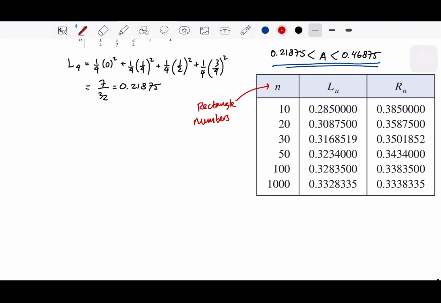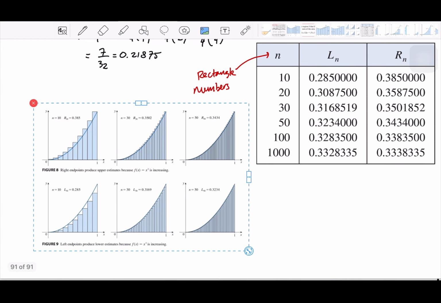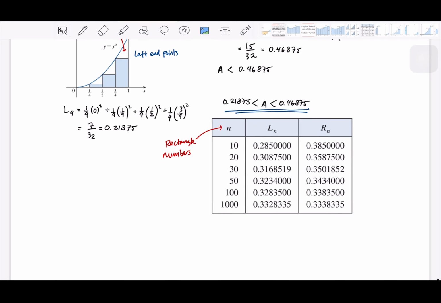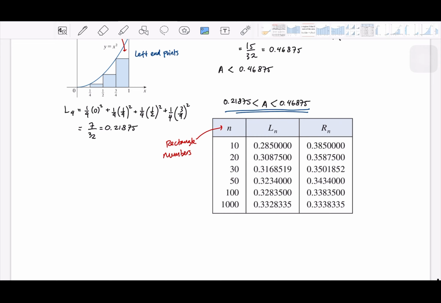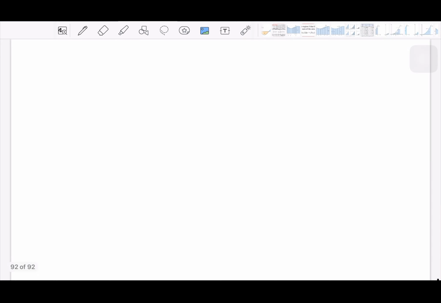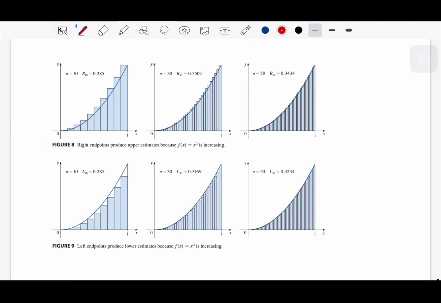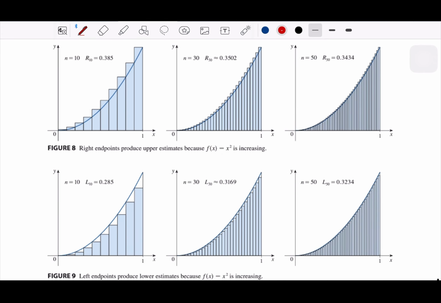Maybe giving more illustration on how this looks. If we have this, probably it's too small, so let me just take it to the next page. The figure is for the upper estimate or overestimate, and this is for the lower estimate or underestimate.